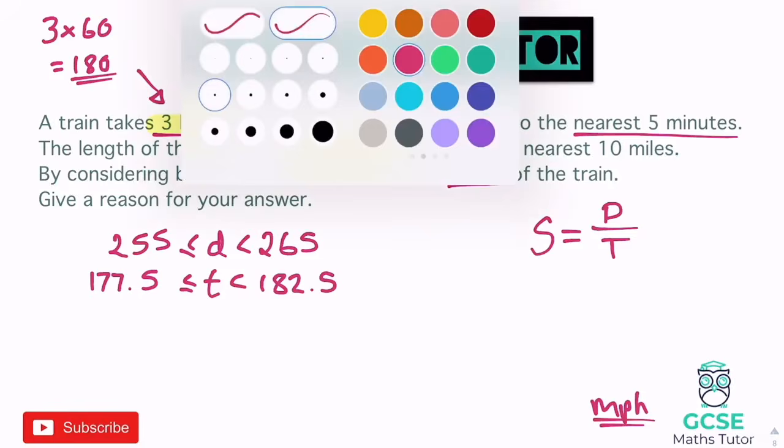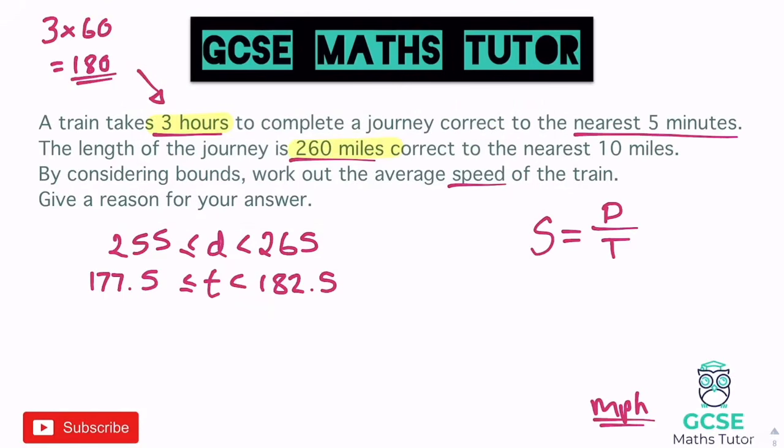Now that's not going to be very nice, because we're typically going to want our answers in miles per hour. Now if we're going to do miles per hour, we need to turn this back into hours. So that's not particularly nasty, it's just that we have to remember to do this. So dividing them both by 60, we'll turn them back into hours. And if we do that, 177.5 divided by 60 doesn't give us the nicest of decimals, it gives us 2.958 and a recurring 3.